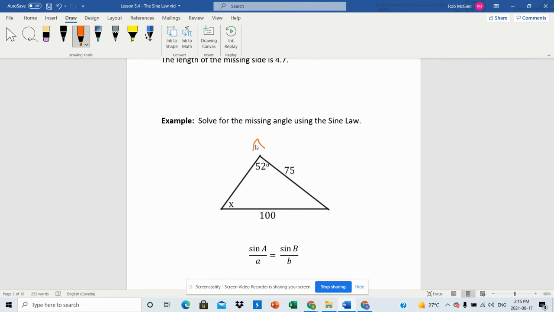This is going to be vertex A, and this is going to be side little a. This here, let's just grab a different color, is going to be angle B, and this will be our side length of little b.